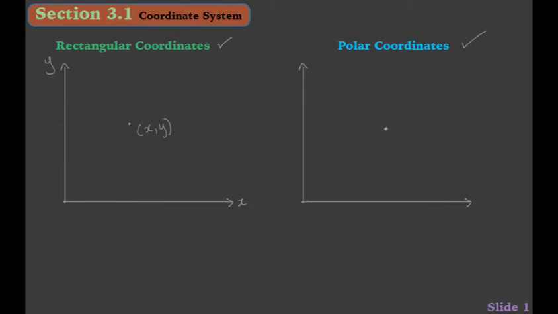However, in order for a point in the coordinate system to be described by polar coordinates, we would essentially draw a line and give it the value radius, r.